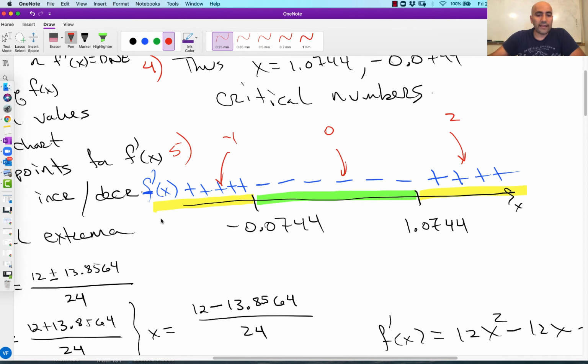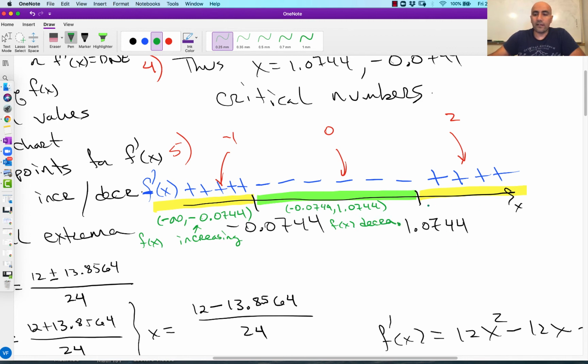Good. All right, so now on this interval from negative infinity, let's put it in green, on the interval from negative infinity up through negative 0.0744, because the first derivative is positive, it means that the original function f of x is increasing on that interval. Here, the first derivative is negative, which means that on the interval from negative 0.0744 up through positive 1.0744, f of x is decreasing.